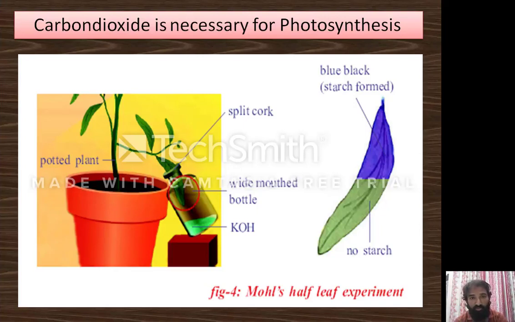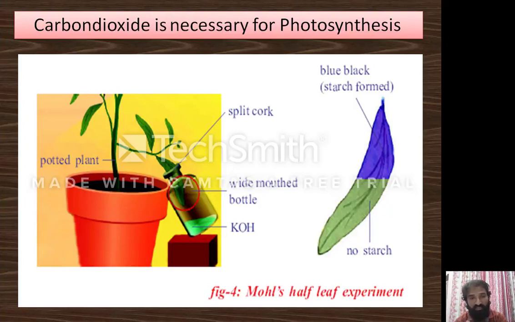Because the plants should be destarched. Earlier we conducted an experiment showing that a leaf shows starch because the plant is involved in photosynthesis. That's why we should destarch the plants by keeping them in the dark for 3 days.